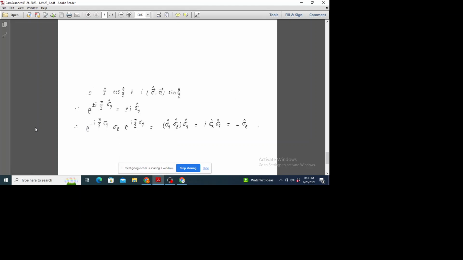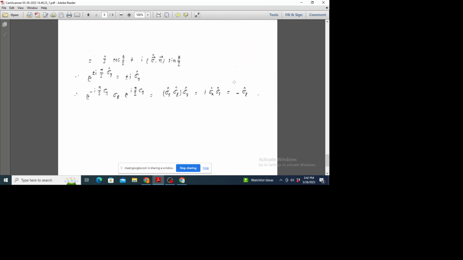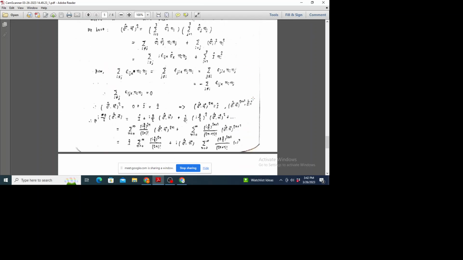Note that we started with sigma z, and we ended up with minus sigma z. So it seems like there is a 180-degree rotation of sigma z.